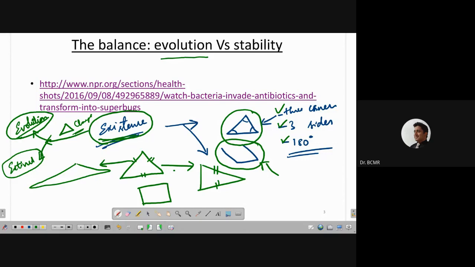Okay, so I hope the existence that I was talking about is a balance between evolution and stability. This lesson has immense philosophical and intellectual thinking that is required for it.